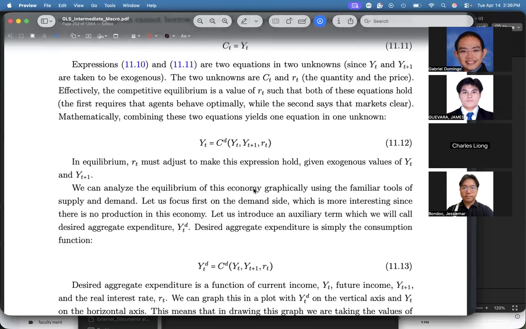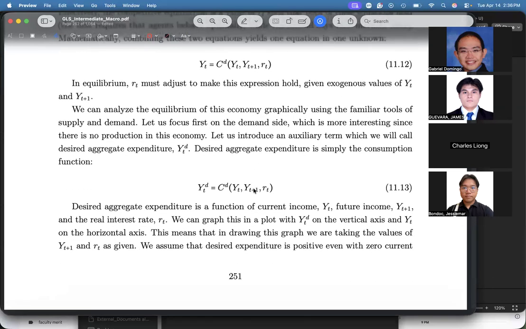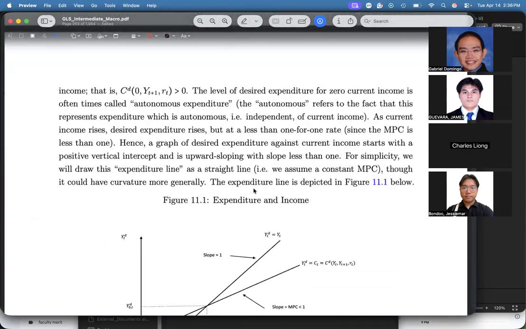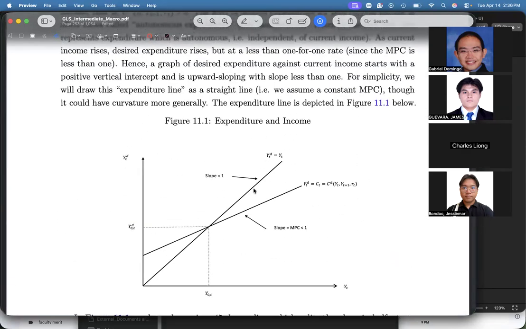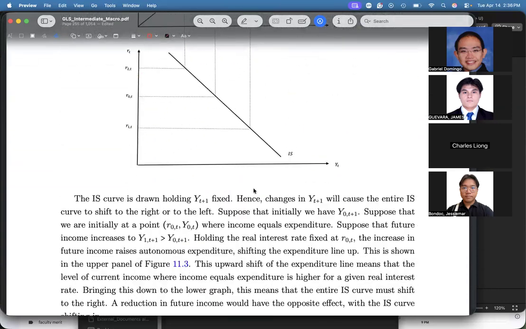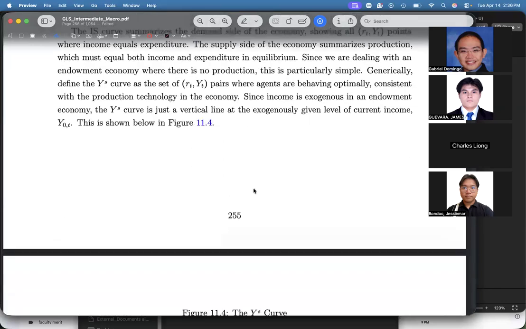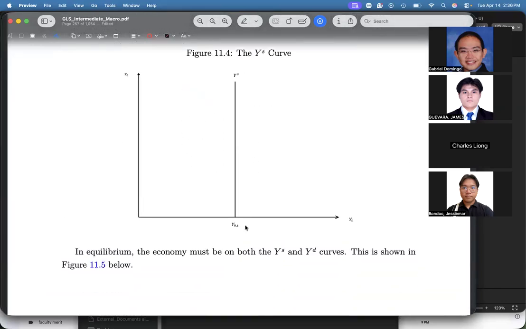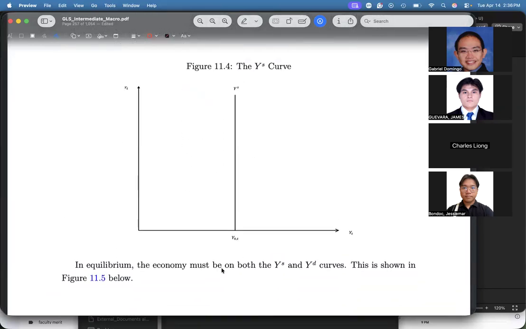There is an additional equation here for YS. Is there a YS here? Not yet at this point. Let me now go to YS, which is this one. In equilibrium, the economy must be on both the YS and the YD curve.